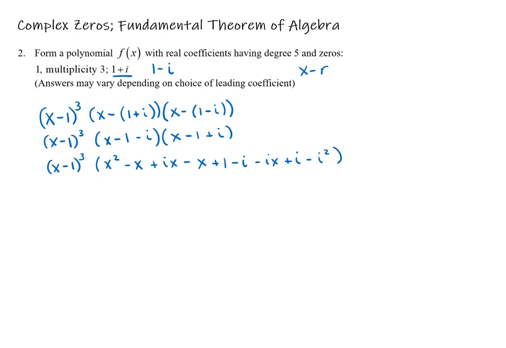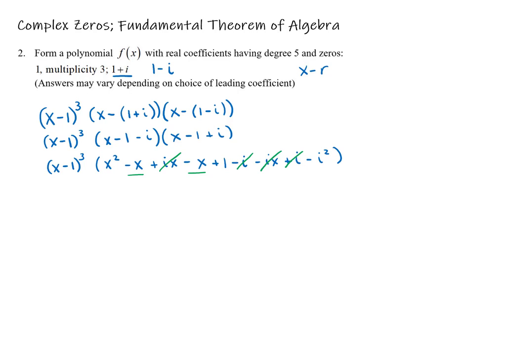Now be very careful when you multiply that out, that my x terms do not cancel out. But my i terms do. I have ix and negative ix. I have negative i and plus i.